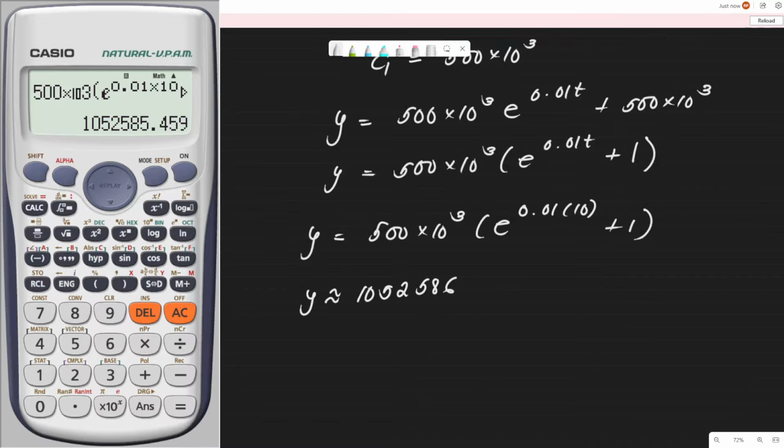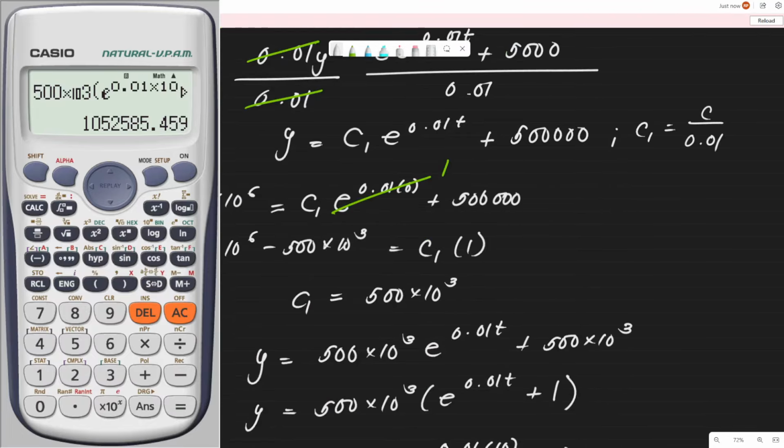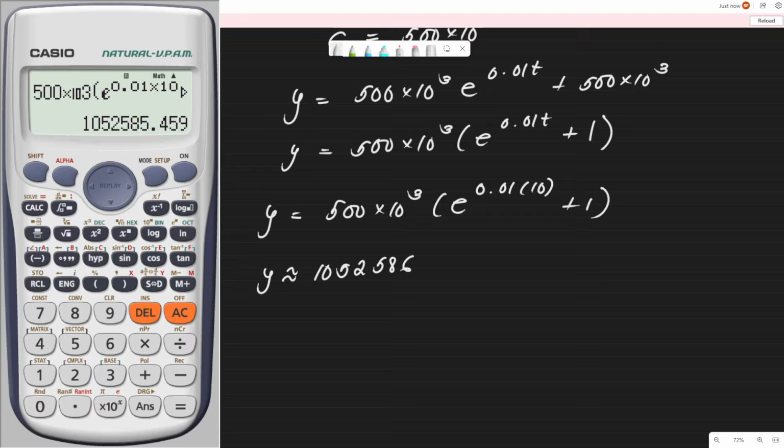Tama ba? Yan. So, yes, no? 56. Kasi cells naman ang pinag-uusapan natin. Treat natin sila parang tao. No? So, this is our answer, no? 1,052,586. This is our final answer na.